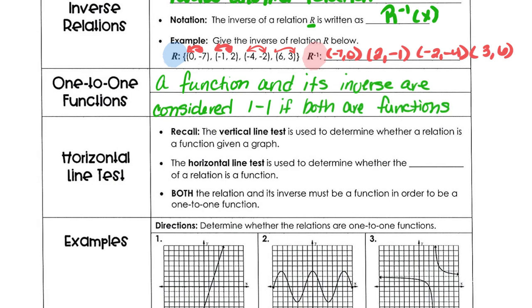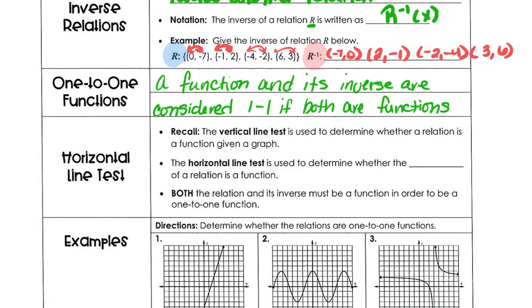We studied early on that in order for something to be a function, it's got to pass a vertical line test, meaning that as I move a vertical line across my graph, it only touches once. Well, inverses are reversed, and the opposite of vertical is horizontal. So instead of moving my line from left to right, we're moving it up and down.